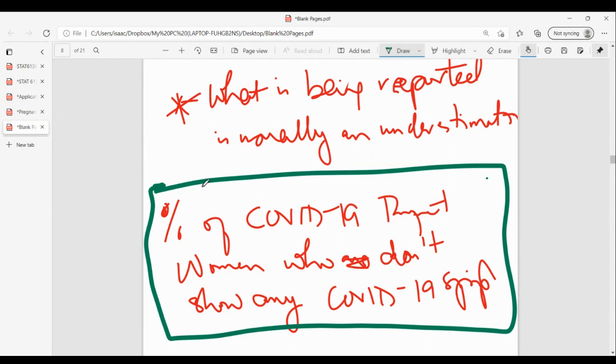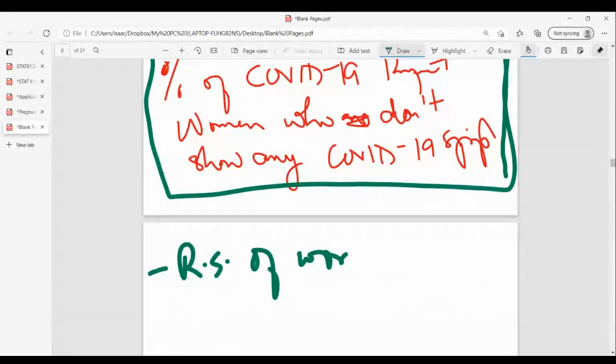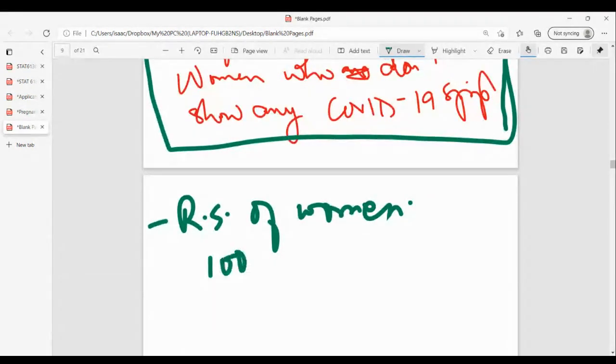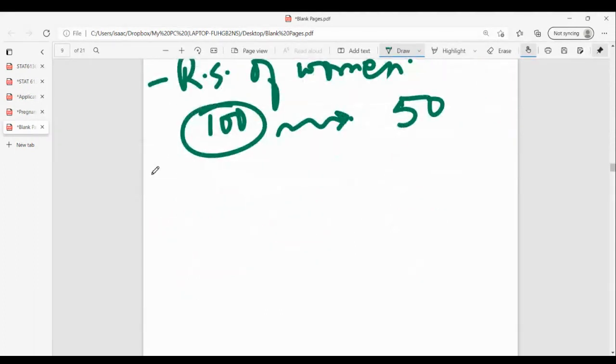One way you could get an idea of this is, well, you'll have to take a random sample of women who are in the hospitals or who are going to the hospitals, and say of 100, and out of the 100 now, maybe 50 are tested as having COVID.